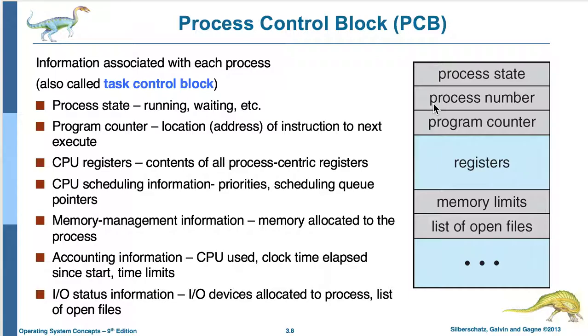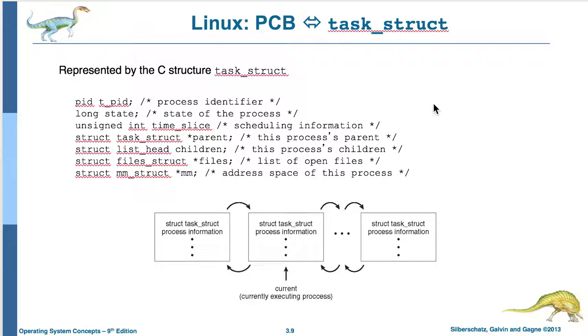The aggregate set of attributes associated with a process are stored in this construct known as a process control block, also known as a task control block. On Linux, there is a structure called a task struct, which stores the process control block, and this can easily be seen within the Linux source code.